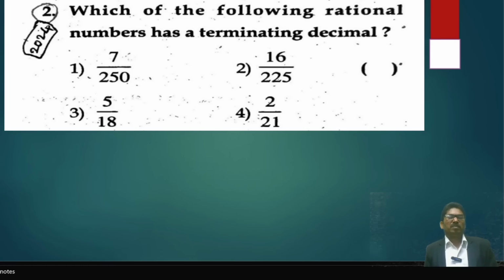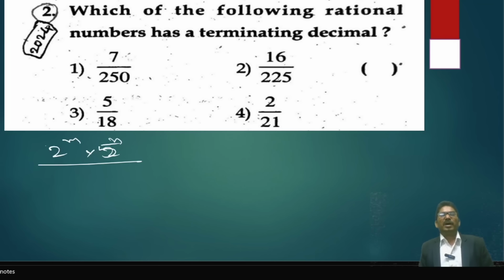If we write the denominator as 2 power m into 5 power n, then the fraction can be written as a terminating decimal. So that's why we can check the denominators.